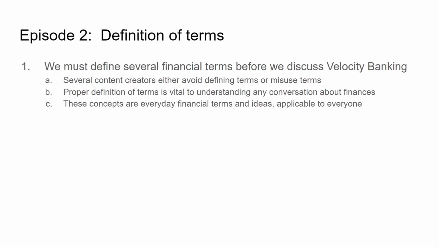Important to keep in mind, point C here, these concepts are everyday terms that are applicable to everyone. They're used in the banking industry, finance industry, credit cards, like all these terms I'm using are the actual definitions of these terms. I emphasize that because you go on the Velocity Banking channel and you leave a comment, or I have, and I say, "Hey, I think you're misusing this term." And the response I get back was, "Well, I'm using this term my own way. It's my own definition."